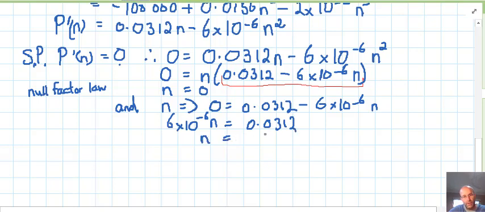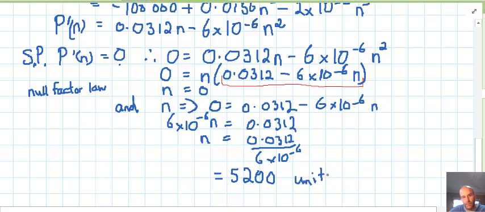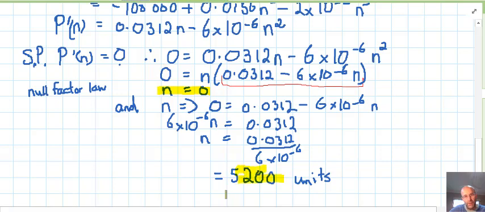So n is 0.0312 divided by 6 by 10 to the negative 6. Bang, that's 5,200 units. So we have two mathematical solutions there. We have 0 and 5,200 units.